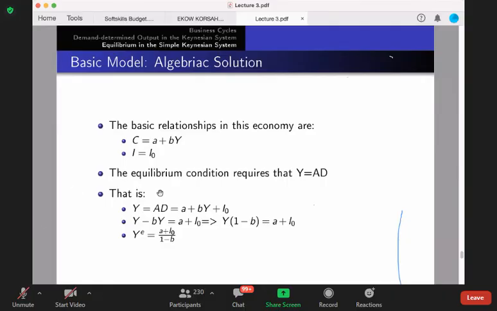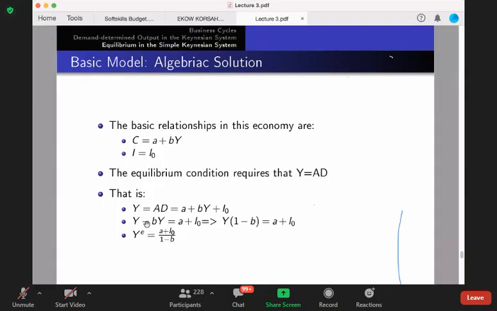Oh, so here, Priscilla, we are saying that AD is C plus I. Add C and I, and you get this one. Now move group-like terms. Bring all the Y's together and leave the others on the right-hand side of the equal sign. So bring bY here. That is how we got this one.